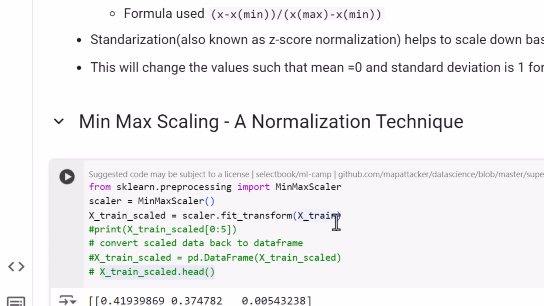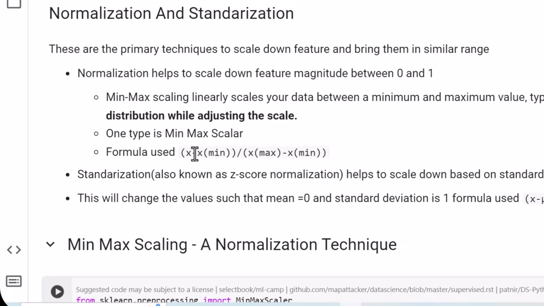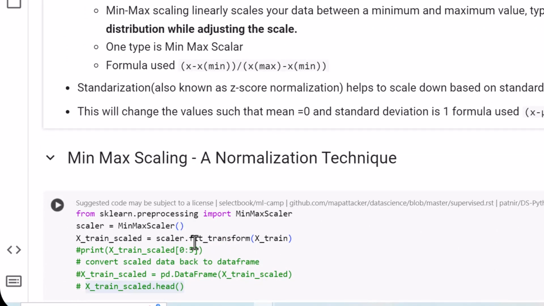It is calculating the required statistics. And what is the required statistic in case of min-max scaler? It is the min value and max value. So ultimately the fit is looking at the data and calculating the minimum value and maximum value. And once transform is applied, it is performing this formula on each and every data. So that is how fit and transform is working in min-max.